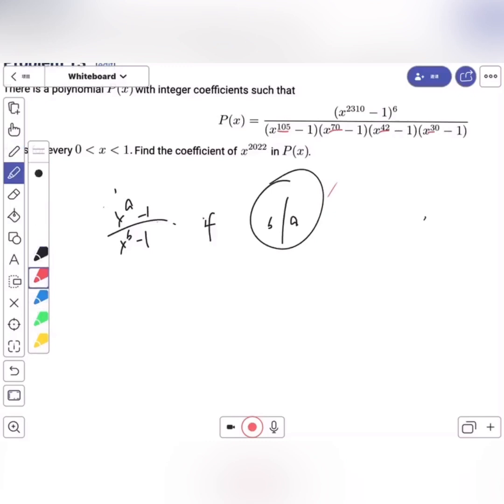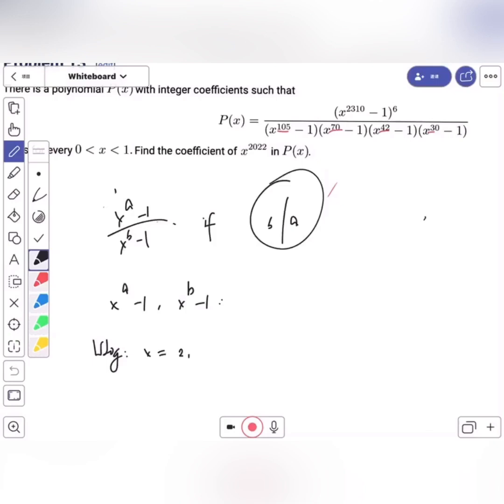Now let's first try some terms. Without loss of generality, let x be equal to 2. Then we have 2^a minus 1 over 2^b minus 1.